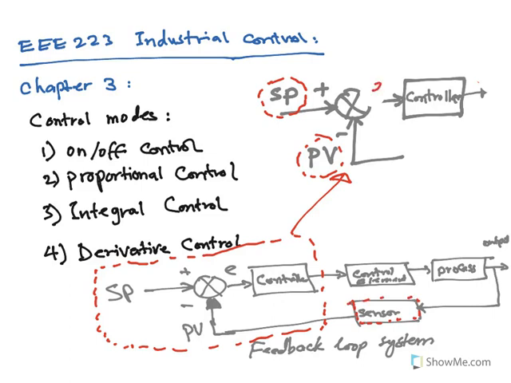Then we have E, which is the difference between the set point and process variable. The controller deals with this E signal. After that we get M, which is the controller output.